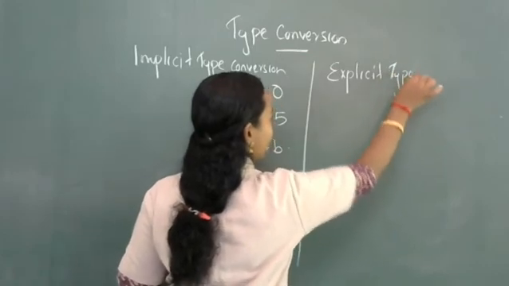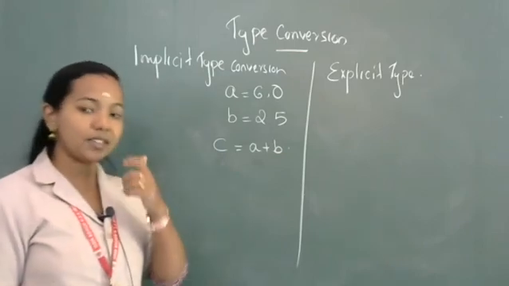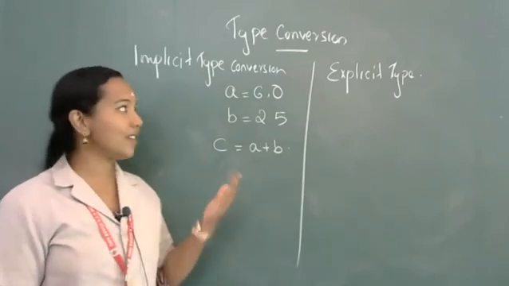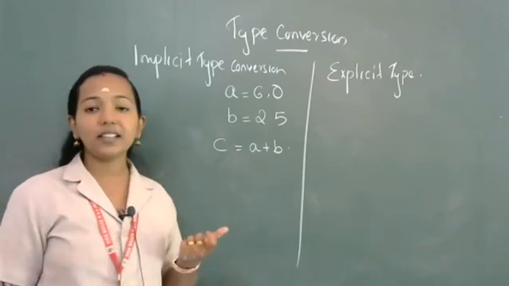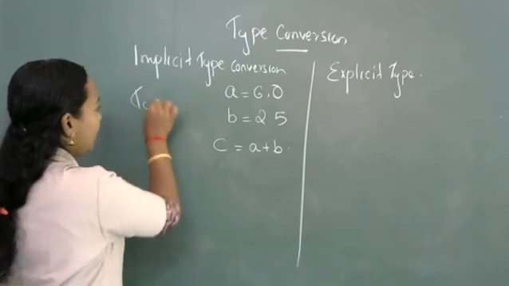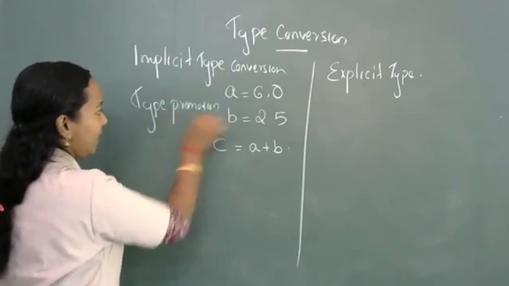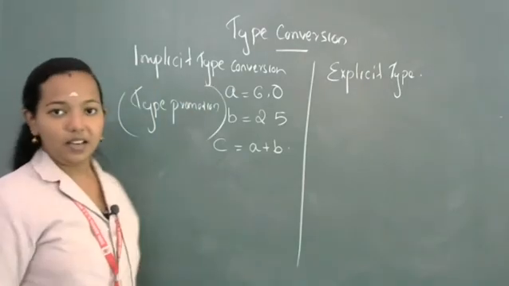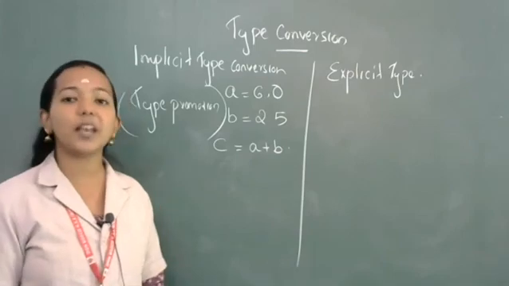Implicit conversion is also known as type promotion. Why is it known as type promotion?